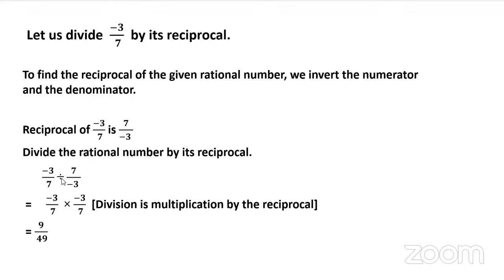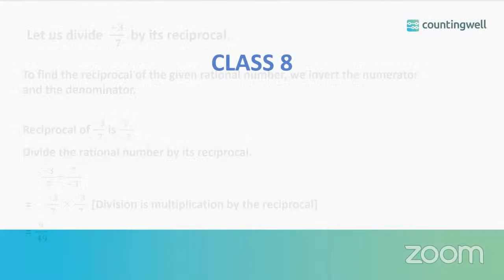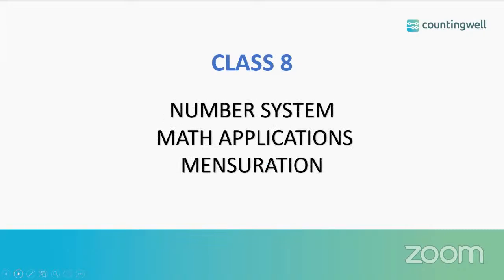Minus 3 by 7 divided by 7 by minus 3. What we are going to do? Division is converted to multiplication by multiplying the reciprocal. So minus 3 by 7 into minus 3 by 7, this will give you 9 by 49.